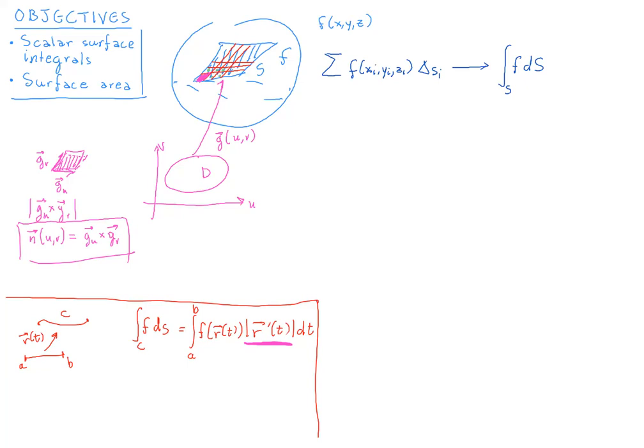This is going to be a double integral defined on the domain of the parameterization, that's the domain D, of the pullback of the function by means of the parameterization, multiplied by, and this is not dot, this is common multiplication, the magnitude of the normal vector that is generated through this parameterization.